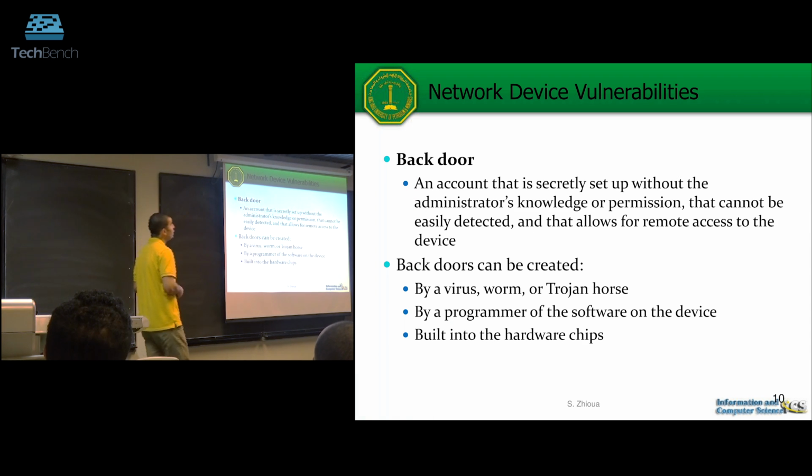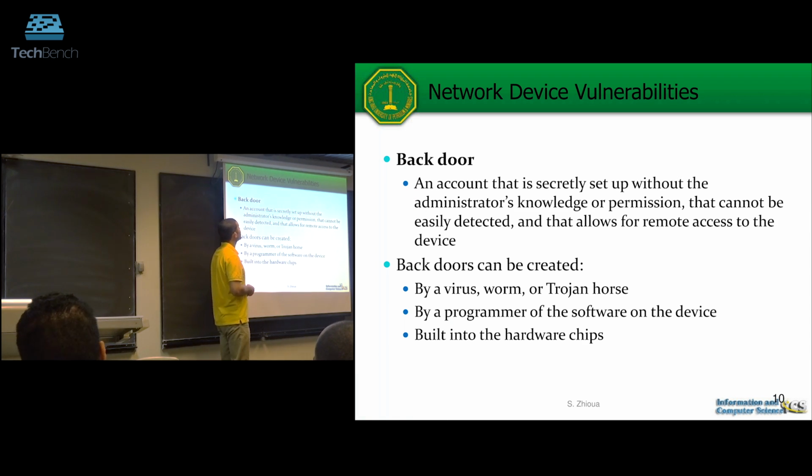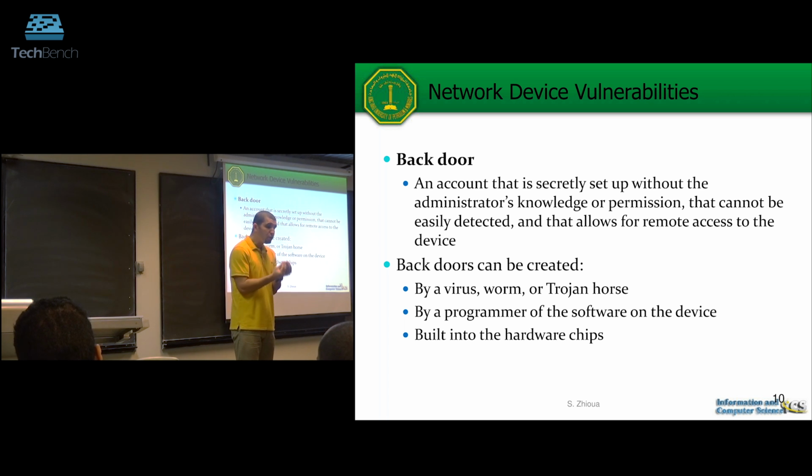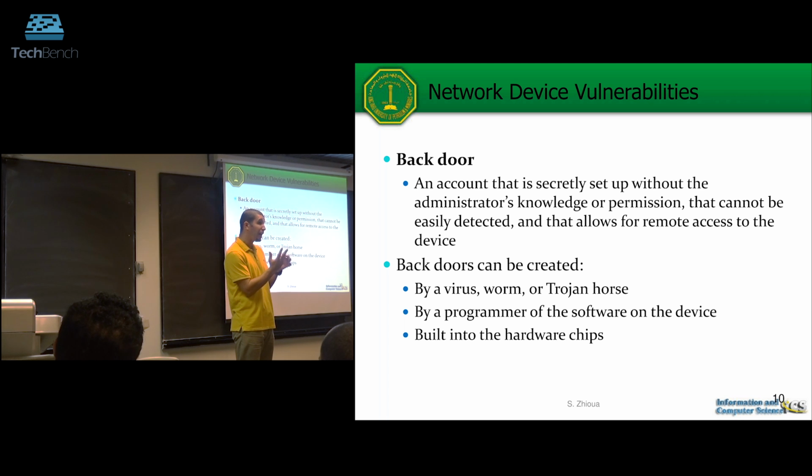Another vulnerability that targets the network devices is backdoors. So here again is hardware or software. The idea here is that the network device itself has a backdoor, either at the hardware level or at the software level. What is a backdoor?